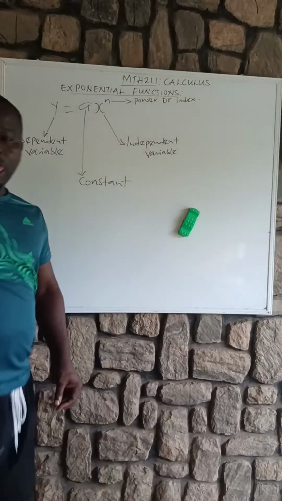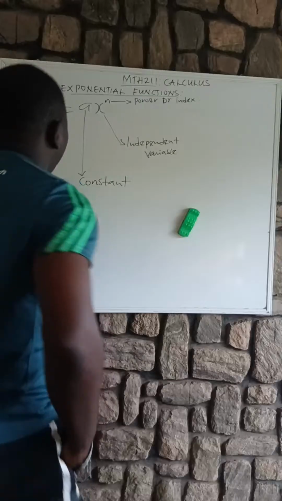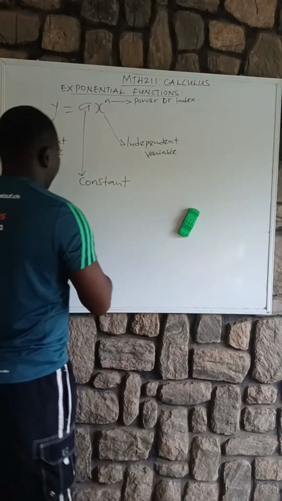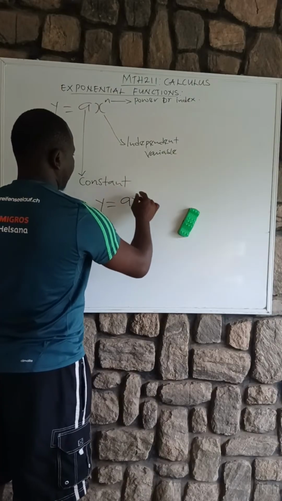So here we have y equals ax raised to the power of n.